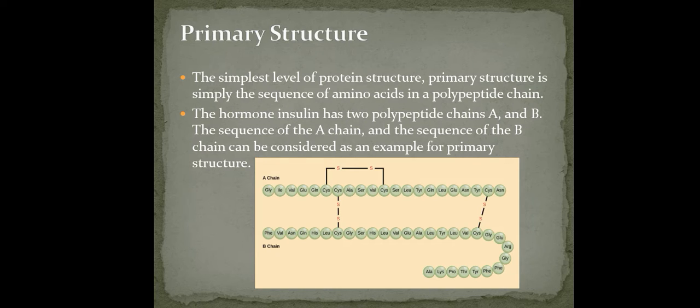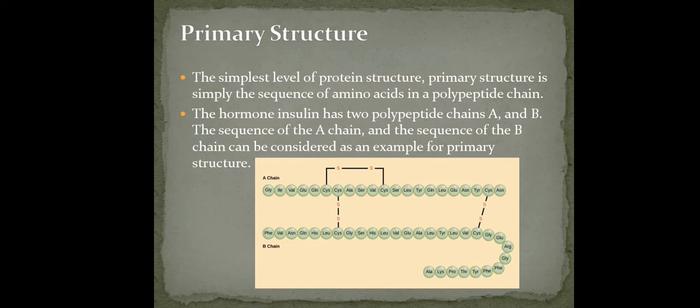Primary structure is the simplest level of protein structure. It is the sequence of amino acids in a polypeptide chain. The hormone insulin has two polypeptide chains, A and B. The sequence of the A chain and the sequence of the B chain can be considered an example of primary structure, like in this example.